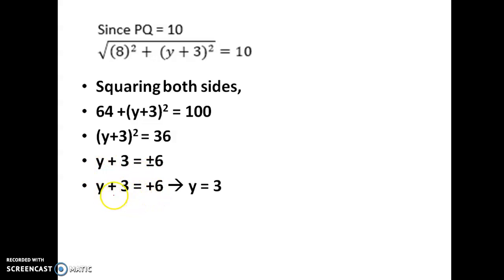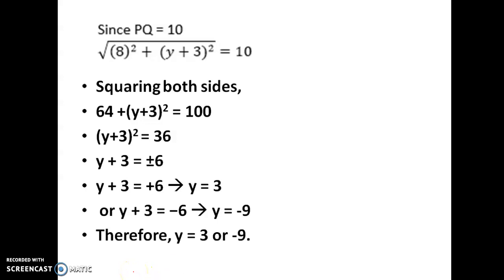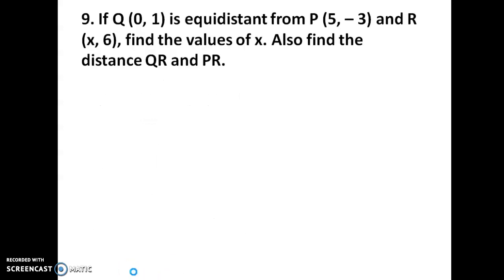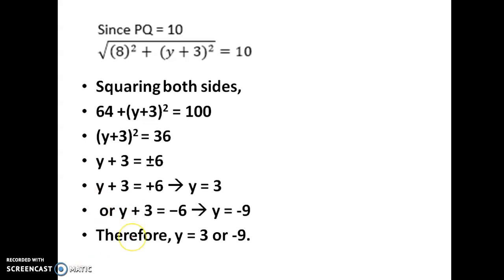So y plus 3 equal to plus 6 means the y value will be 3. If it is minus 6, your y value will be minus 9. So therefore y can be either 3 or minus 9.